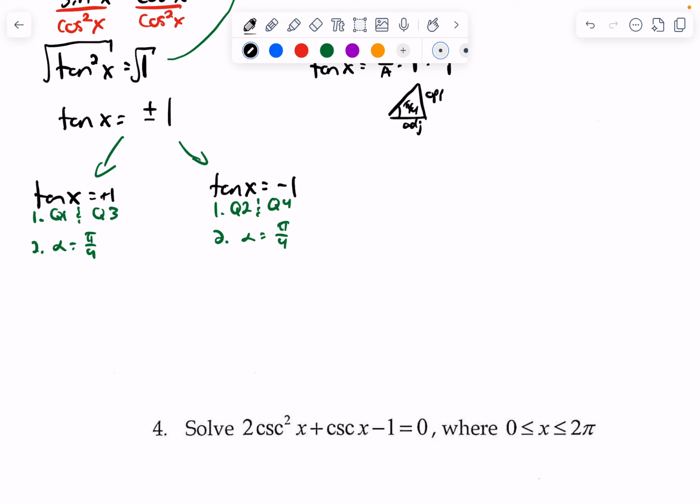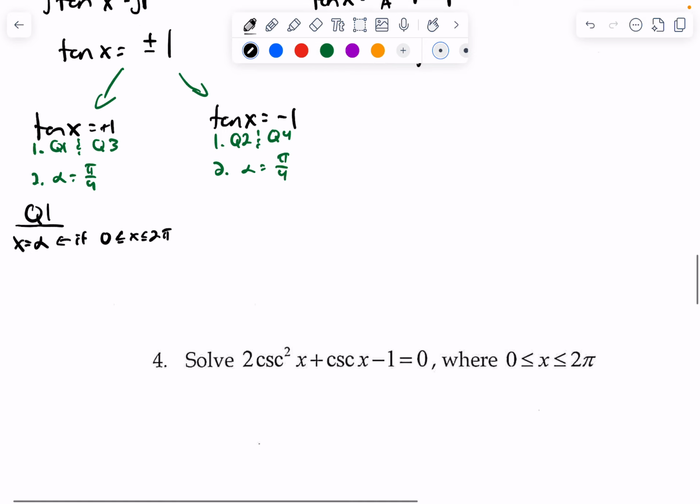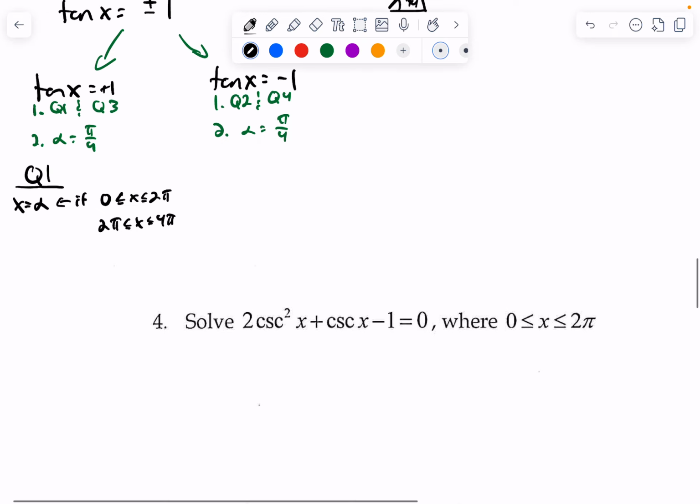So now solving it, get your quadrant 1 solution, okay? But again, keep in mind your domain. Usually it's just x is equal to alpha if it was 0 to 2 pi. But because we start at 2 pi and we go all the way to 4 pi, well, now your quadrant 1 solution is really 2 pi plus that alpha.